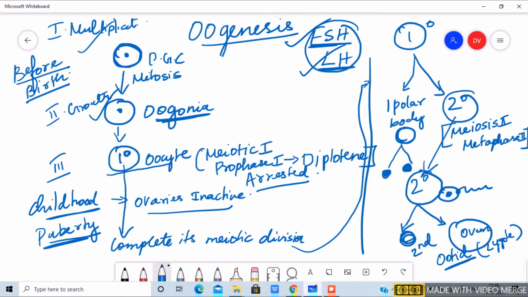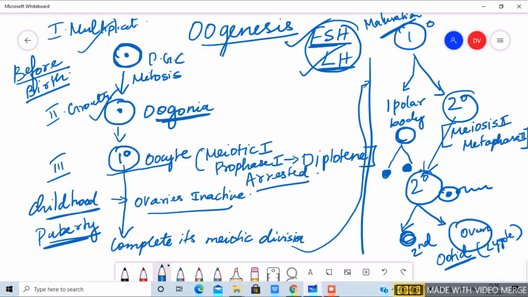The last phase, known as the maturation phase, happens only after puberty, where the primary oocyte completes its meiosis 1 and becomes the secondary oocyte and one polar body. That polar body will disintegrate, and this secondary oocyte will get arrested in metaphase 2 of meiosis 2.